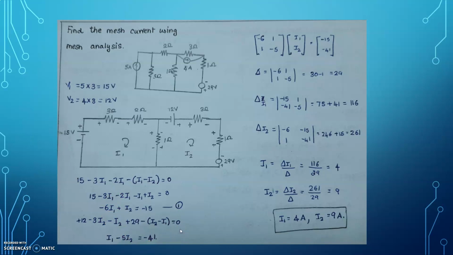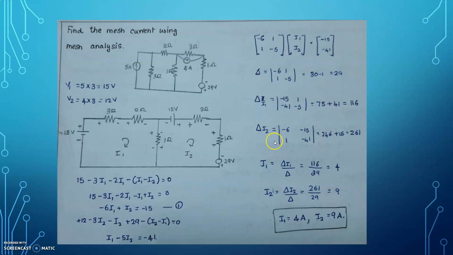Solving these two equations using Cramer's rule. What is Cramer's rule? Write these two equations in matrix form, and find the determinant delta, and delta I1 and delta I2. Delta I1 is obtained by replacing the first column with the constant values and finding the determinant of that matrix.